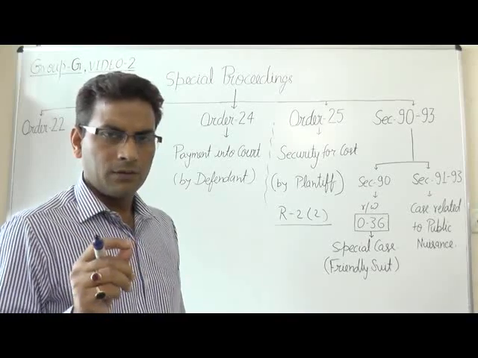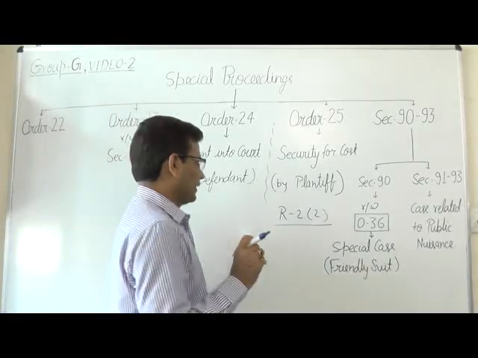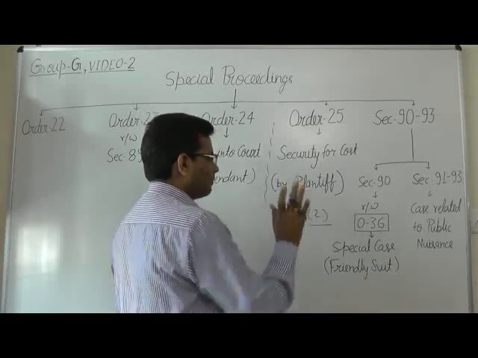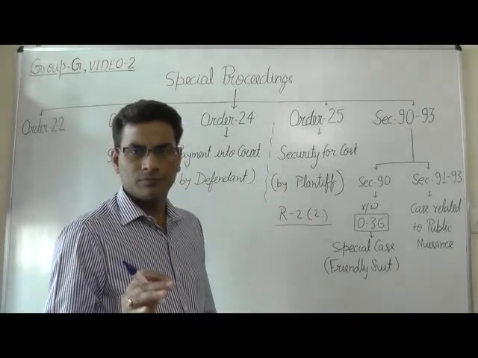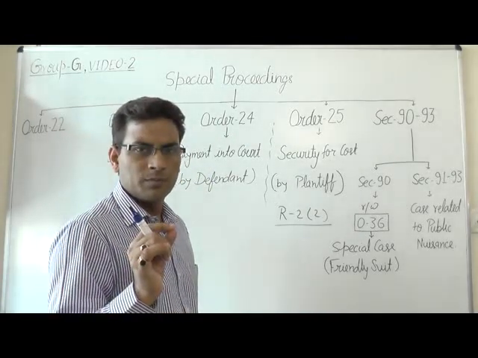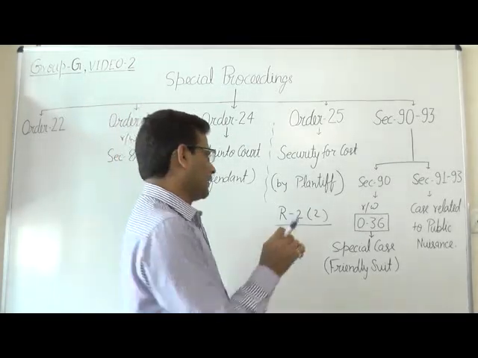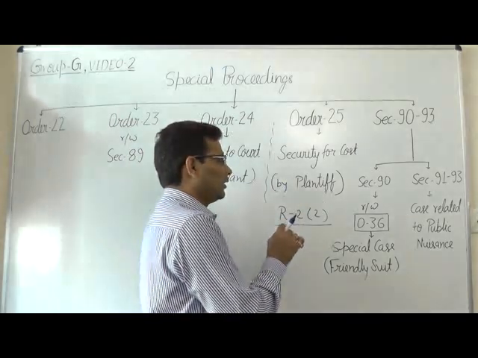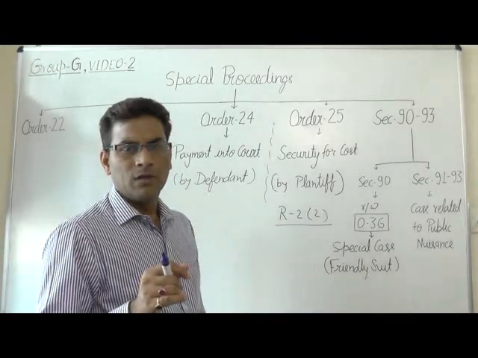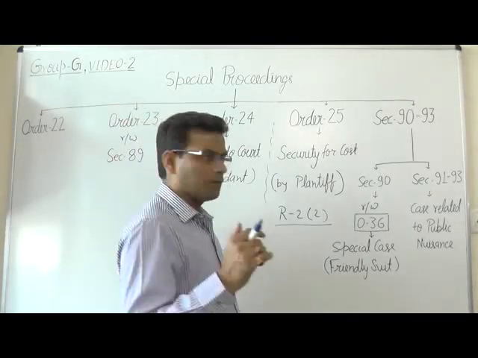Okay, hear it: an order is passed against the plaintiff to furnish security for costs, but he doesn't do so, and on non-compliance with the order of security, the consequence is dismissal of the suit.